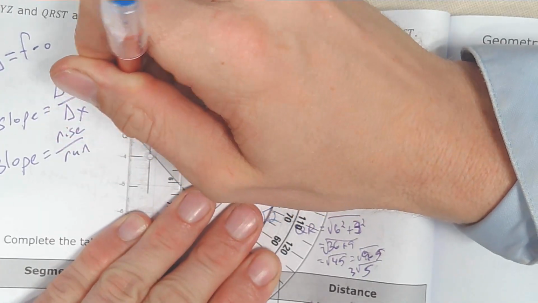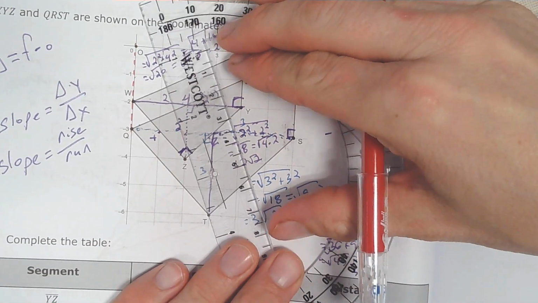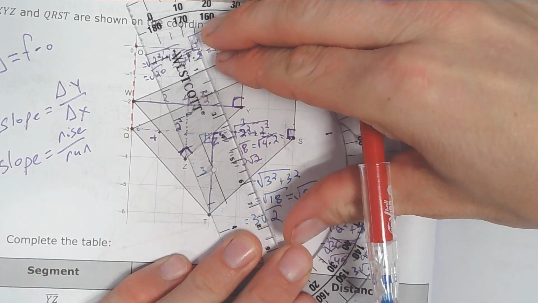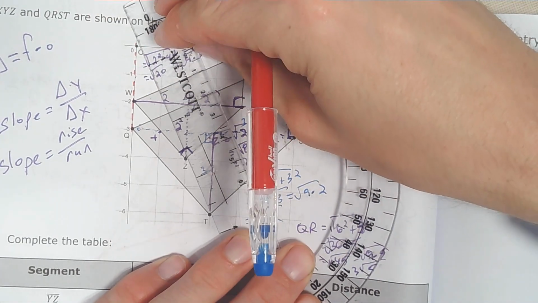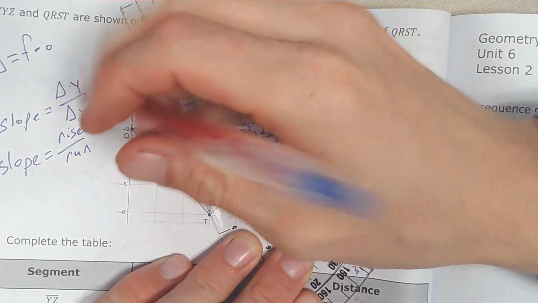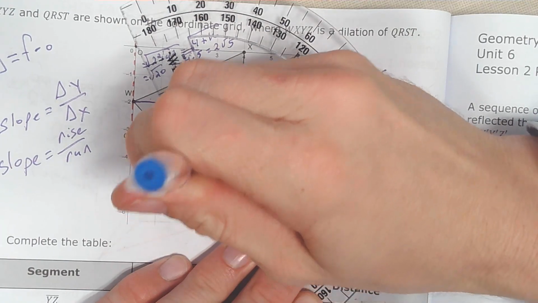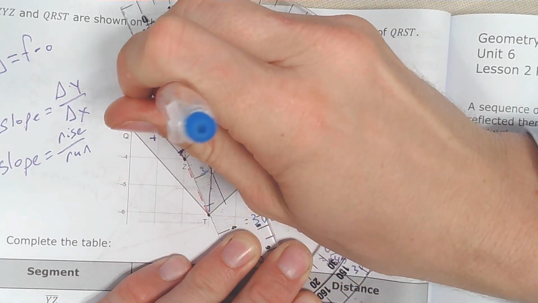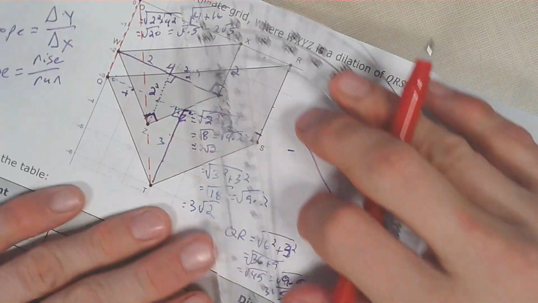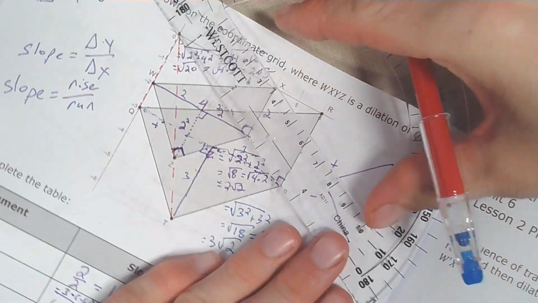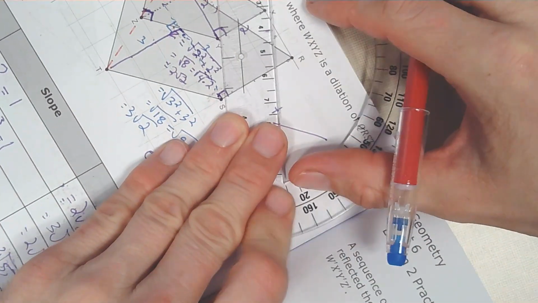So I've got to go through each vertex of the expanded points, each point that was dilated, and that will show you where the point of dilation is.